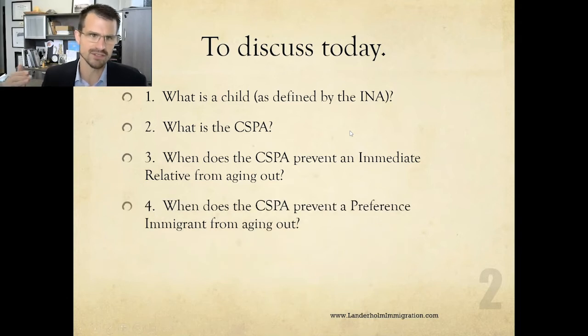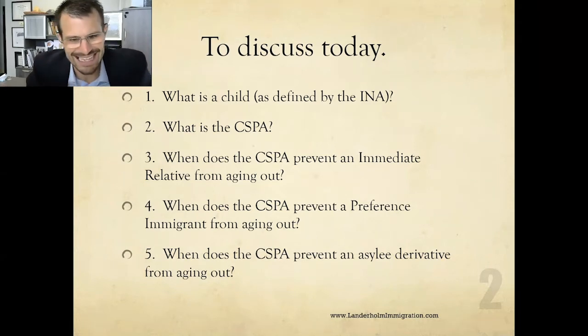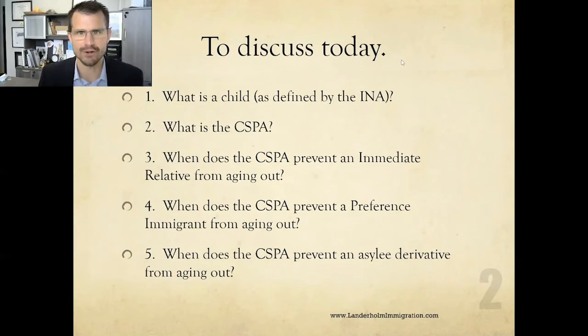When does it prevent a preference immigrant, which is different from an immediate relative, from aging out? And when does it prevent an asylee derivative from aging out? All right. So this will be a short presentation, but I want to discuss it with you, and I want to make it clear today so that you are fully informed about each of these topics.